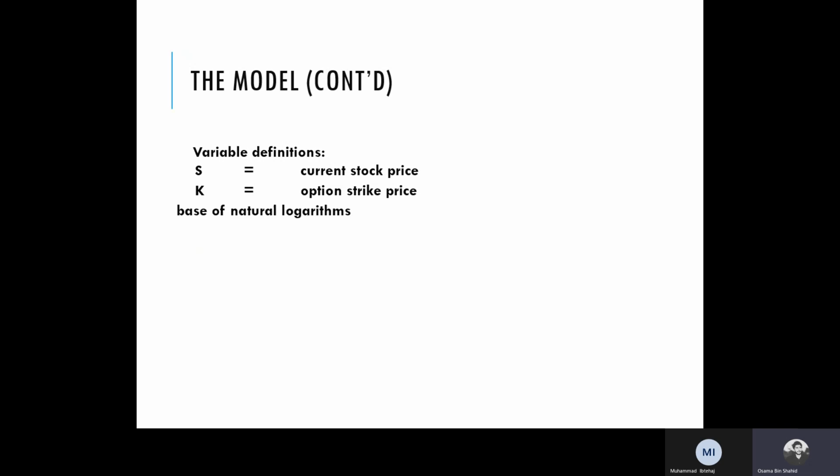S is the current price, K is the option strike price, and e is the natural log base, because we assume that stocks follow the natural logarithm route. Next, there is R, which is the risk-free interest rate. We take that to discount the strike price to the present value, because we have to work out what the strike price would be at present value.